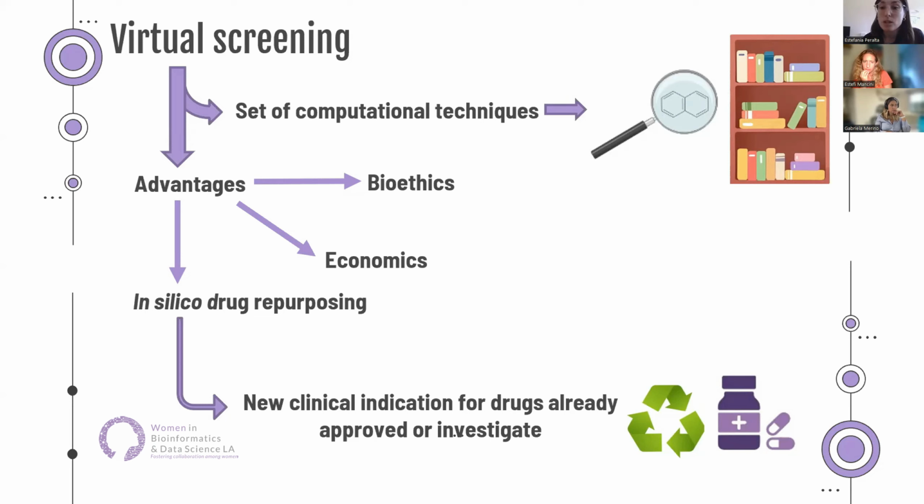This methodology has bioethical and economic advantages because the number of compounds to be tested is reduced, and it allows repositioning. Repositioning is a strategy that focuses on finding a new clinical indication for drugs already approved or at least investigated for other pathologies.